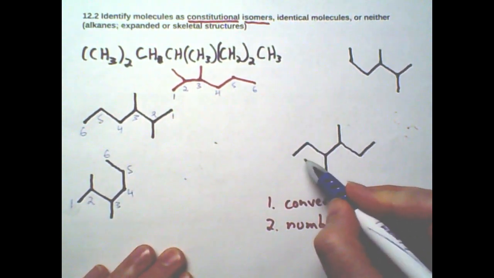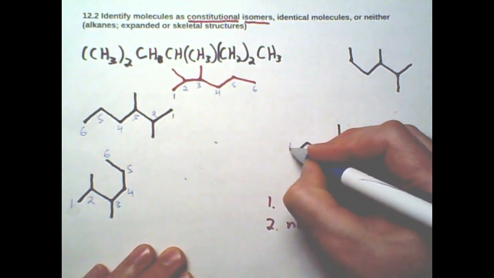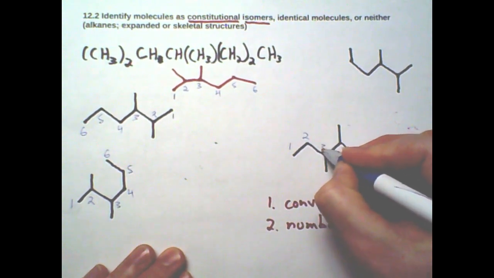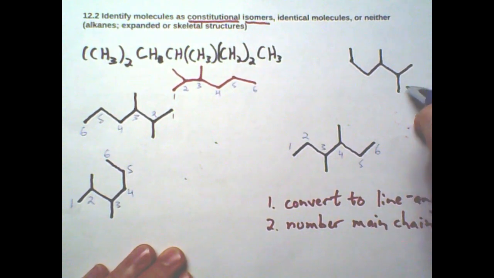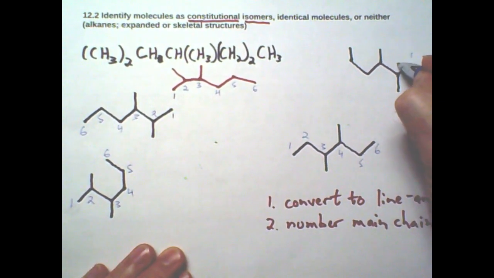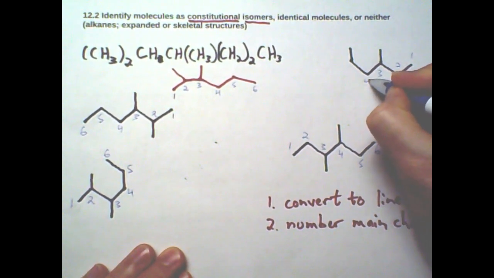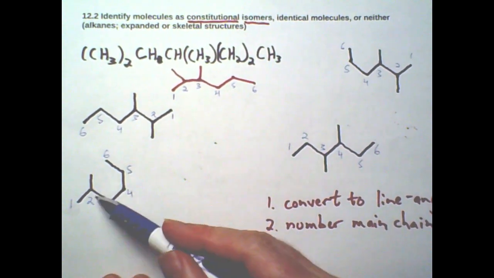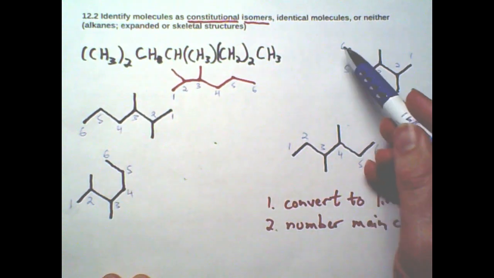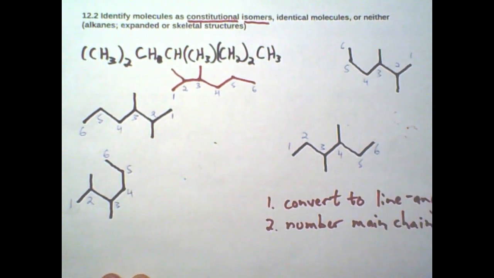This one doesn't have a fork, but I'll pick an end and start numbering it. This has a fork over here. So no matter which way the chain goes, I number the longest chain.